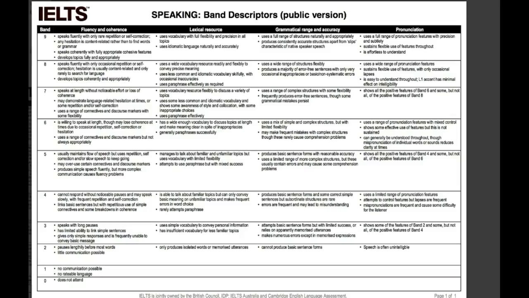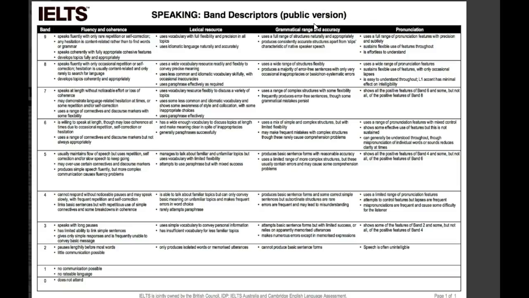So let's now talk a little bit about these criteria. One thing that we need to know is that each one of these criteria counts for 25% of your speaking score. So I don't want you to think that your fluency and coherence score earns you more points than, for example, your pronunciation, or that your lexical resource is more important than your grammatical range and accuracy. That's simply not the case.